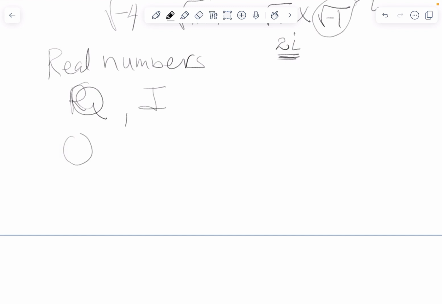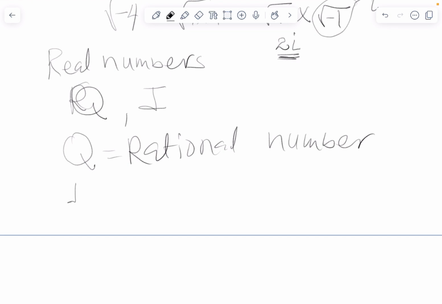Rational numbers are represented by Q, and irrational numbers are represented by I.